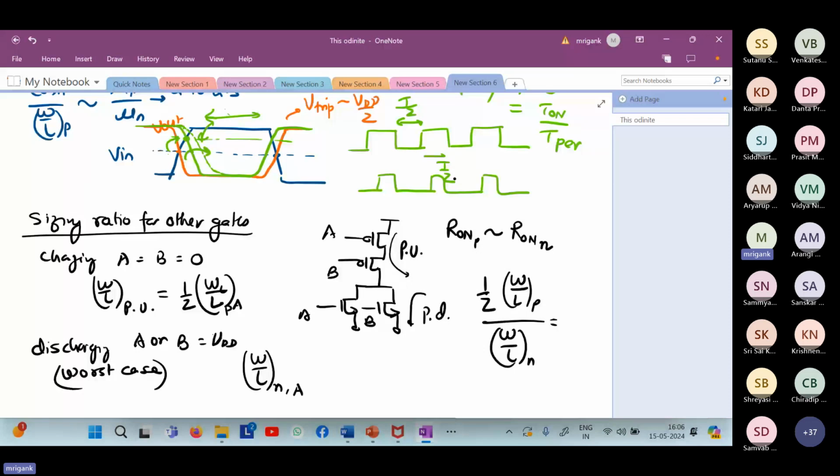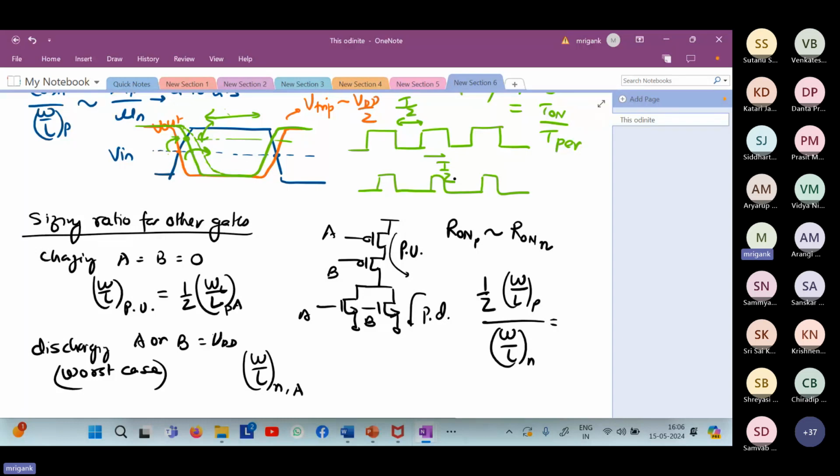And for the pull down network, the effective W by L for the worst case scenario is either A on or B on. So there it is simply W by L of N. Now we have seen what should be the ratio of this effective W by L of the PMOS and the NMOS network for trip point close to VDD by 2. This ratio should be equal to what?